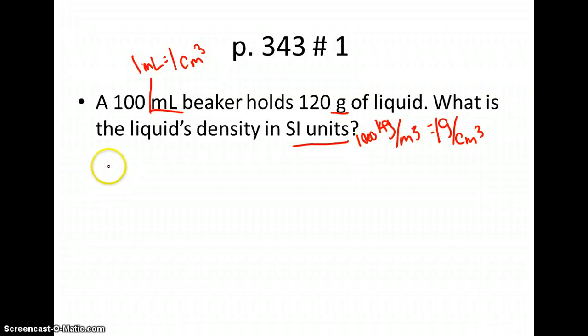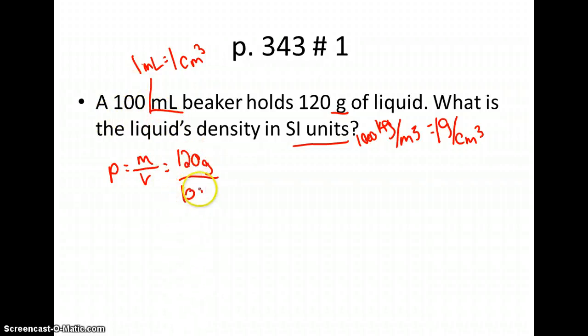I'm going to start with my initial density formula, that the mass density of something is equal to the mass divided by the volume. Here we've got 120 grams per 100 milliliters, which I am just going to call 100 centimeters cubed. When I work that out, I should get 1.2 grams per centimeter cubed.